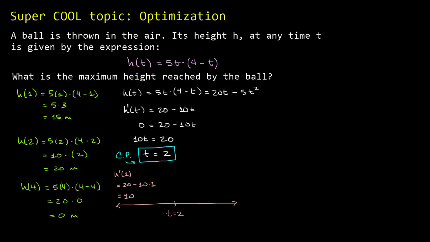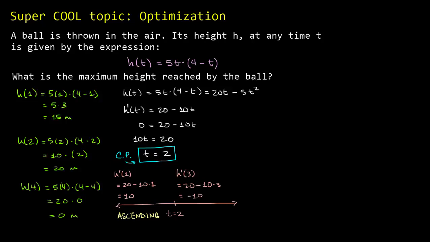So here we found that this function would be ascending, and then it reached t equal to 2, and that means we have to do another test. Let's say we pick h prime of 3. It will be 20 minus 10 times 3, that is 20 minus 30, which is negative 10.